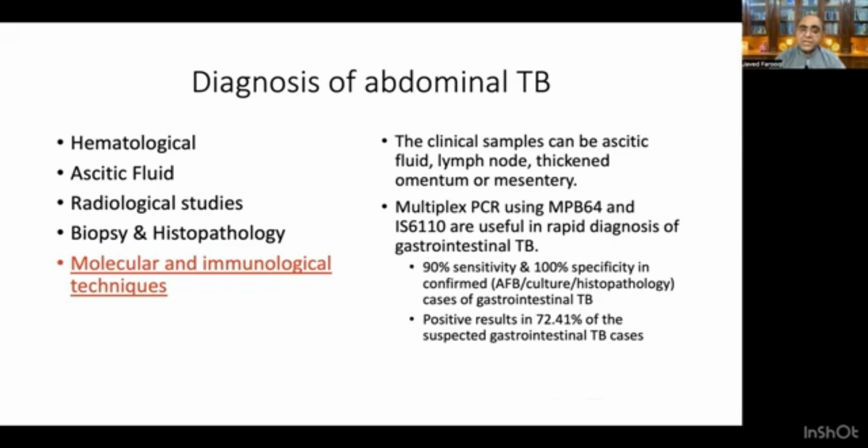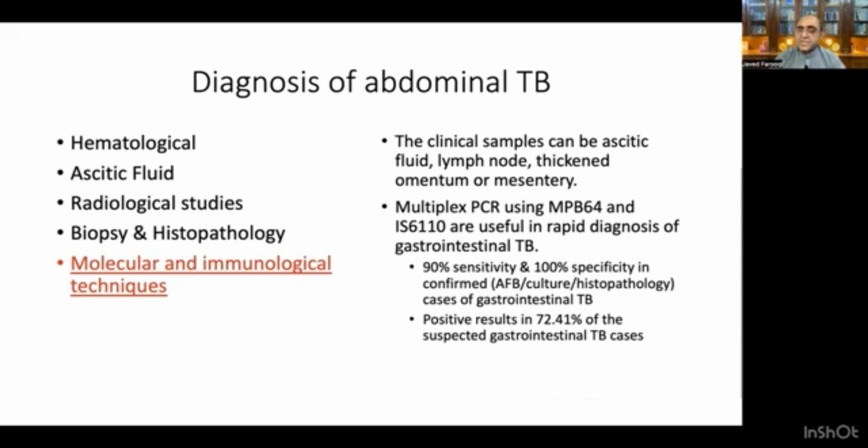And we use a combination of these parameters: hematological, ascitic fluid examination, radiological studies ranging from the ultrasound, plain X-ray abdomen, barium studies, CT scan and MRI, then the biopsy and histopathology of the subjected biopsy, and then the molecular and immunological techniques, the PCR studies. And with the combined results of these possible parameters, we make the diagnosis of abdominal tuberculosis.